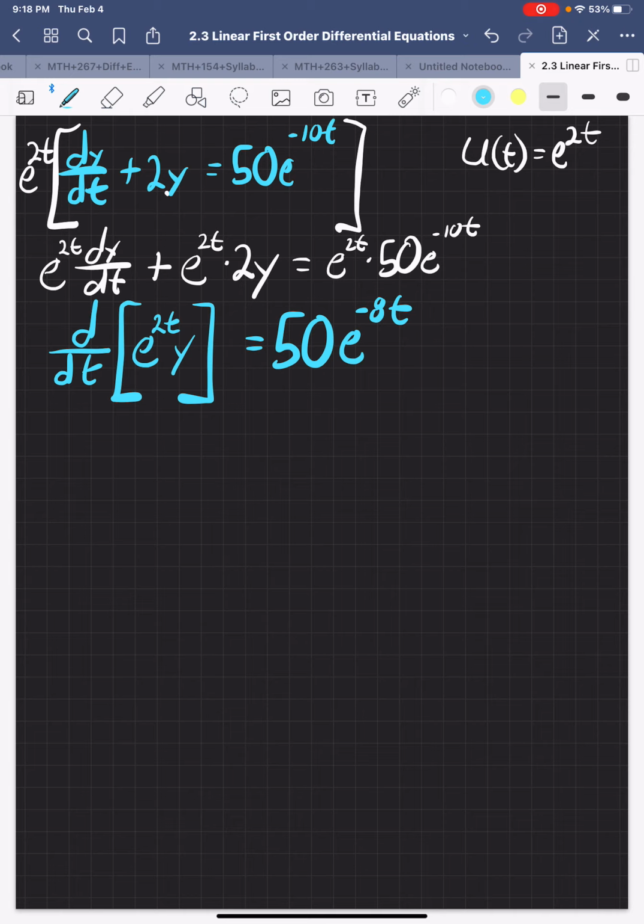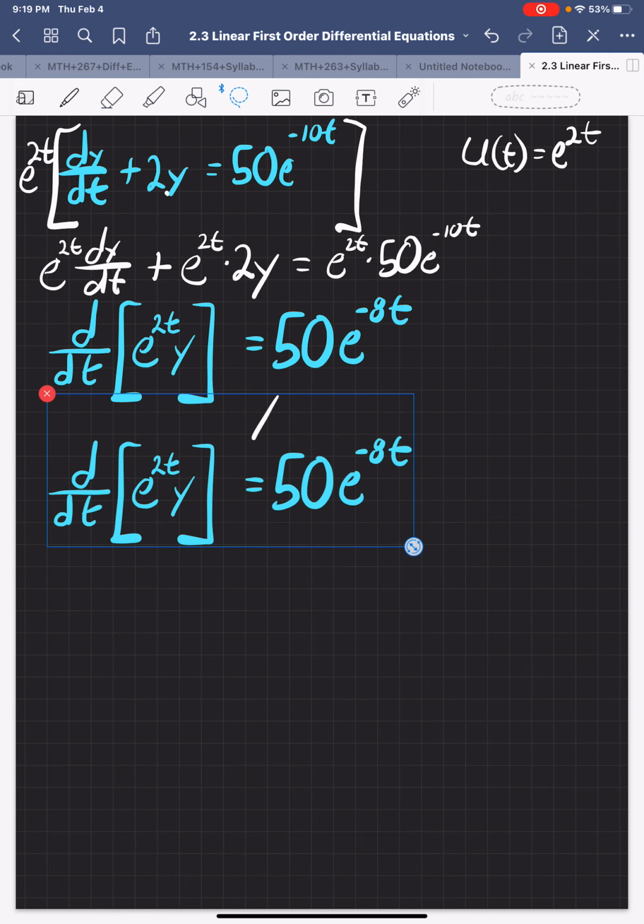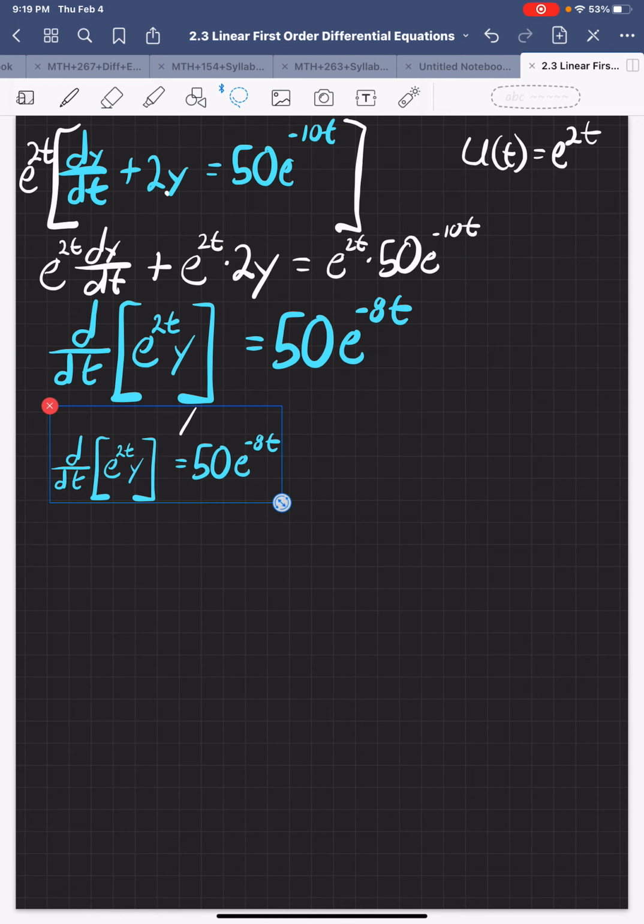All right, all of that works, so let's go ahead and integrate both sides. Okay, so we integrate both sides with respect to t.